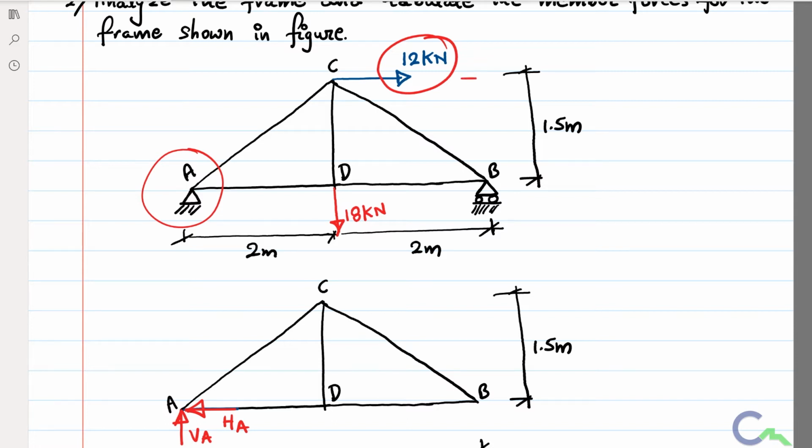I have to restrict that force and keep the system in equilibrium. Therefore, I will take HA in the opposite direction.